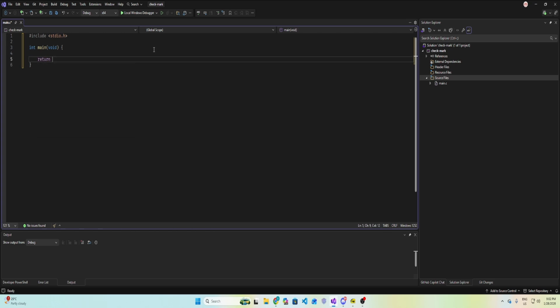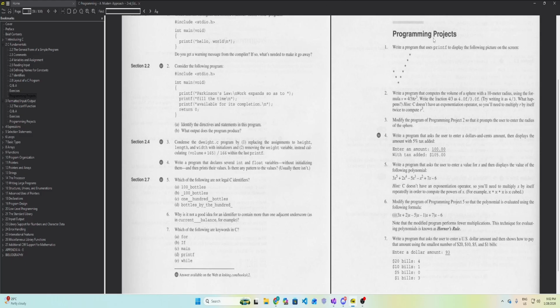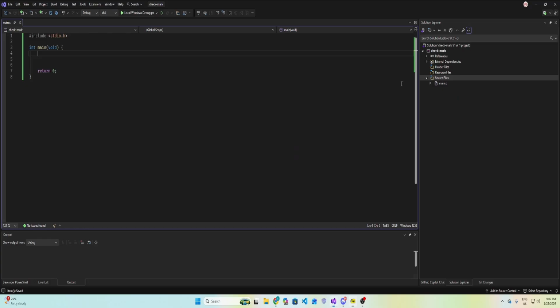So what I was thinking on this one is there's basically 6 rows. It's how I see it in my head. So I'm not gonna overthink this. Just gonna make 6 of these ones, and then I'm just gonna make the check mark with spaces and asterisks.